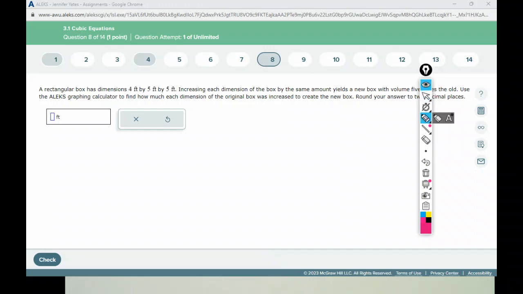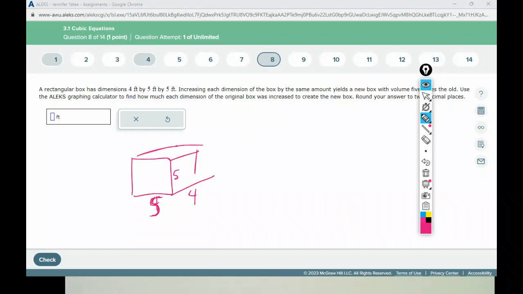We have a box, and it is 4 by 4 by 5. Okay, we'll just change that one to 5 then. And then increase each dimension of the box by the same amount, and it yields a new box with a volume 5 times that of the old. This one is multi-step. So help me figure out what we need to do here.